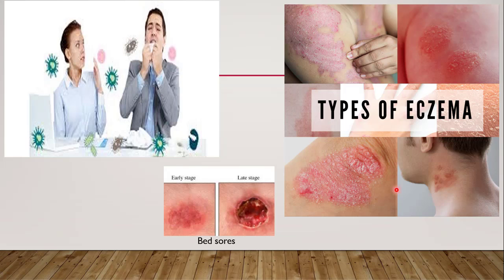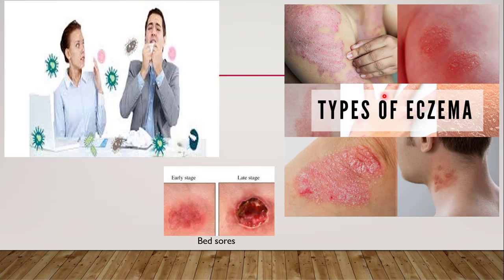And various types of infections such as eczema, psoriasis, bed sores, skin lesions, boils, etc. are some auto infections, which are responsible for spread within the same patient itself, like from one tissue to another tissue.